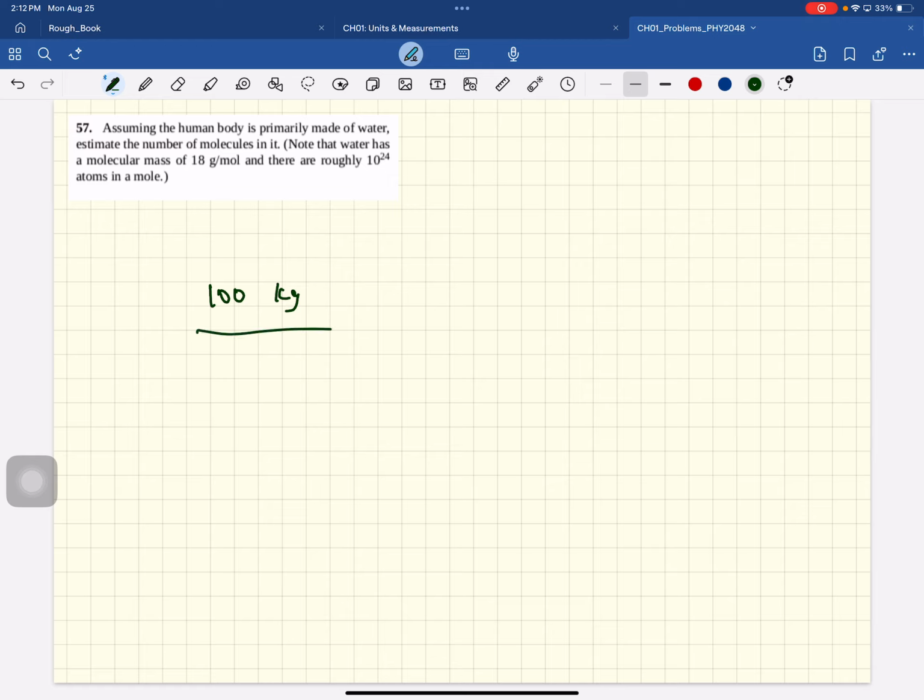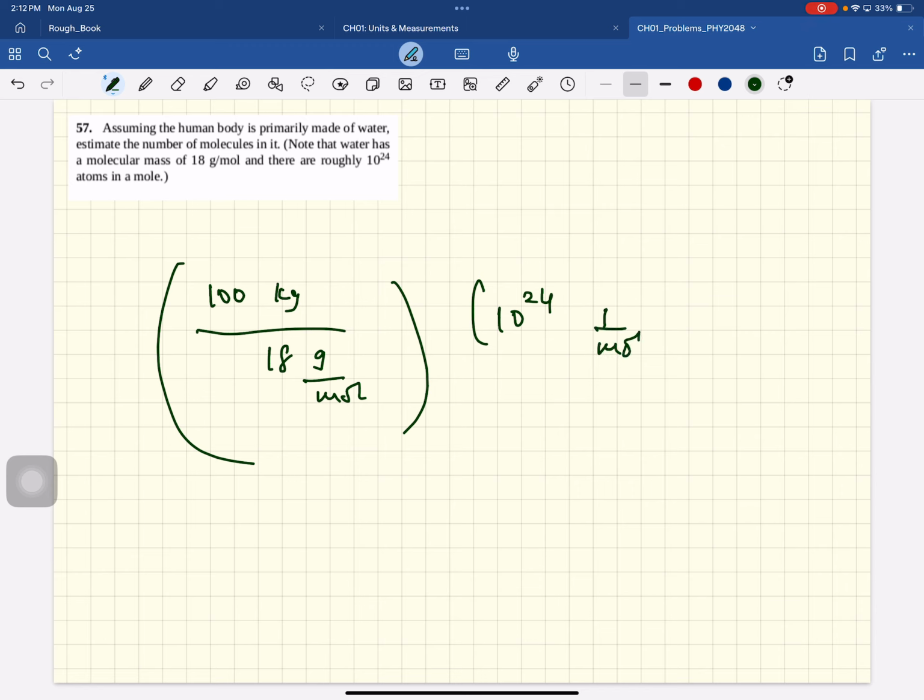And what we want is how many moles of water there are in your body, okay? It's 18 grams per mole, okay? So this mass divided by that, the mass cancels, and that gives you how many moles there are in your body. And there's 10 to the power of 24 molecules per mole. So this is the number of water molecules there are in your body. Okay.